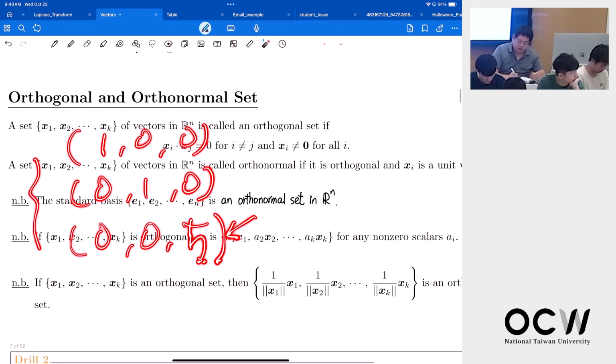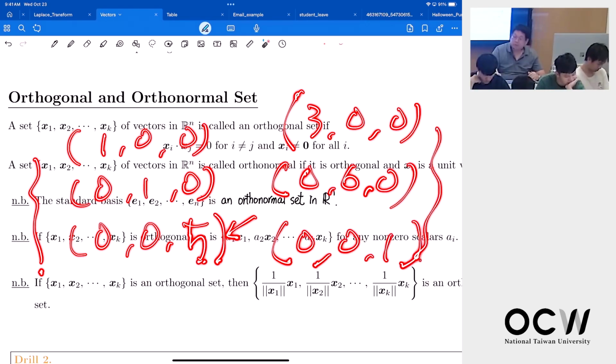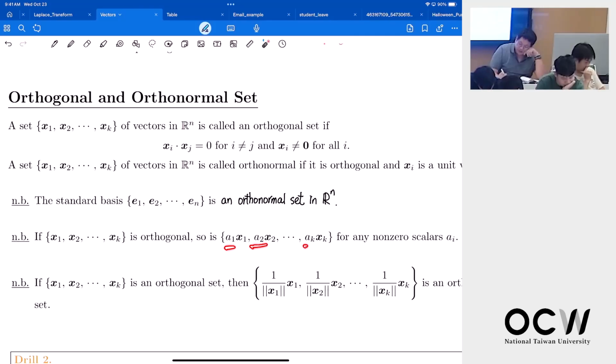So these three are orthogonal. If I multiply the first by 3, the second by 6, and the last by 1/5, these three vectors are still orthogonal. Right? The dot product is still 0. But they are still not orthonormal because the norms of these vectors are not 1. So if you multiply by a scalar, they are still orthogonal.